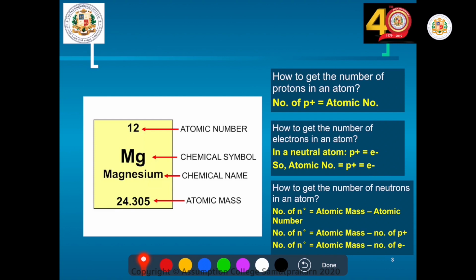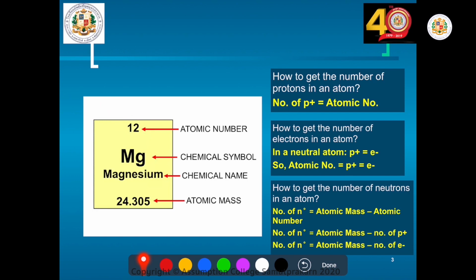Now, 24 minus 12 is 12. Very good. So in this example, the element magnesium has 12 protons, 12 electrons, and also 12 neutrons. Now, are you ready to answer the homework I gave you last time?